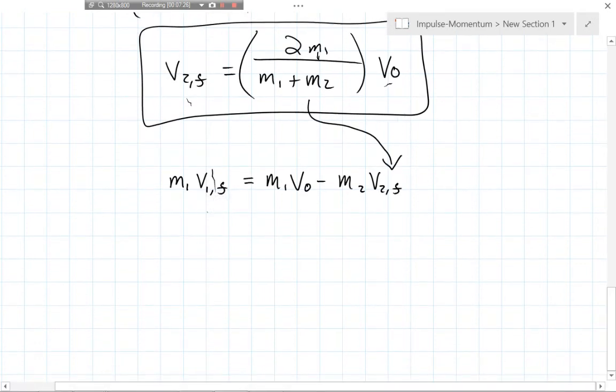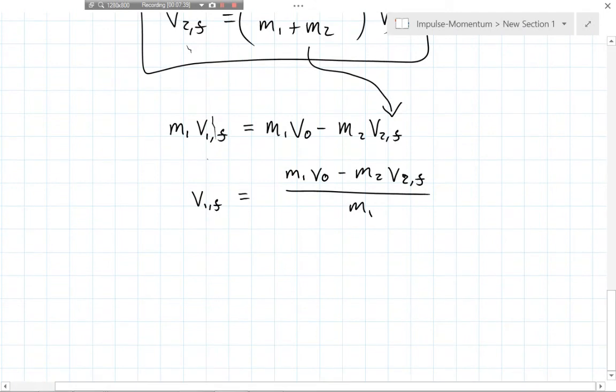So actually, let me just rearrange right now to solve for v1 final. So v1 final is going to be m1 v initial minus m2 v2 final divided by m1. So that's just v initial minus m2 over m1 times v2 final.